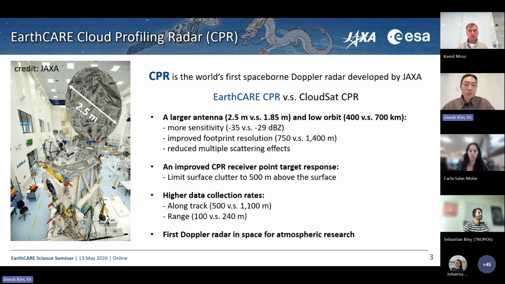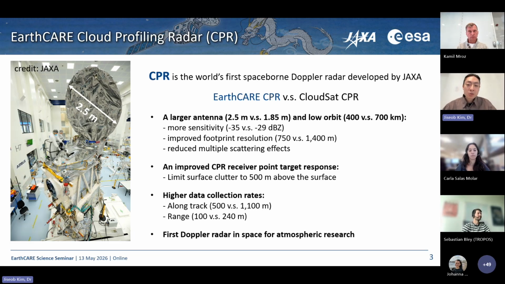It's a really, really impressive achievement. Compared to CloudSat CPR, EarthCARE CPR has several improvements. For example, it provides a higher sensitivity and a higher resolution. But the most important difference is that EarthCARE CPR is the first spaceborne Doppler cloud radar.